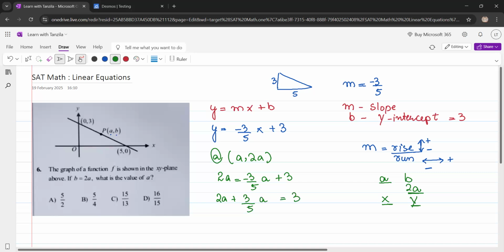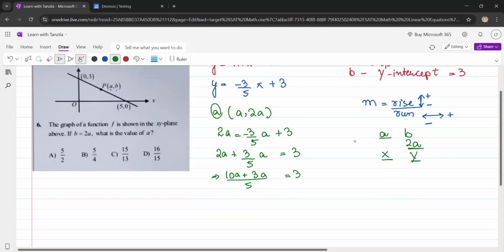Now do least common multiple method or cross multiplication, however you like it. You'll get 10a plus 3a over 5 equals 3. 10a plus 3a is 13a over 5 equal to 3. So multiply with 5 over 13, a will be equal to 3 times 5 over 13, which is equal to 15 over 13. Okay, so that is your answer, 15 over 13.